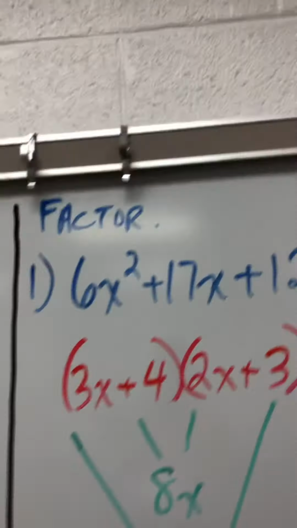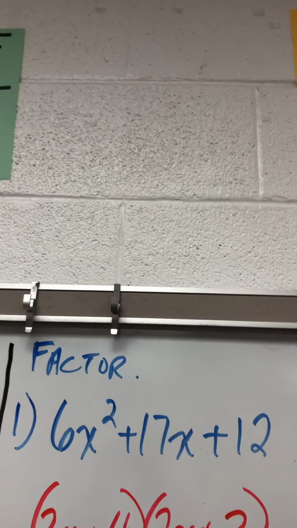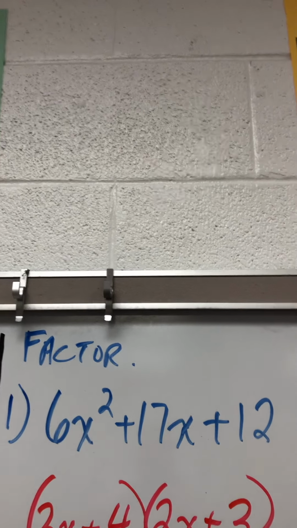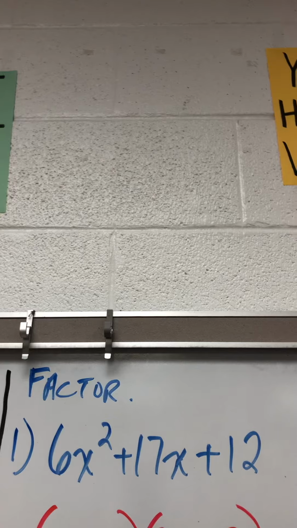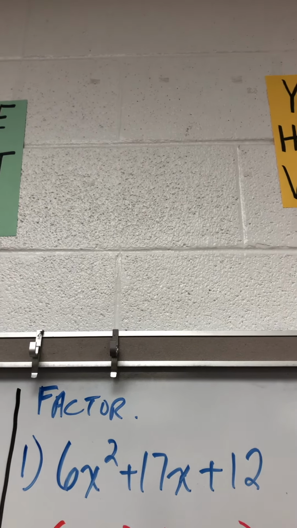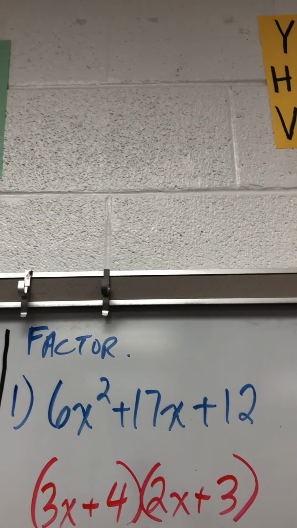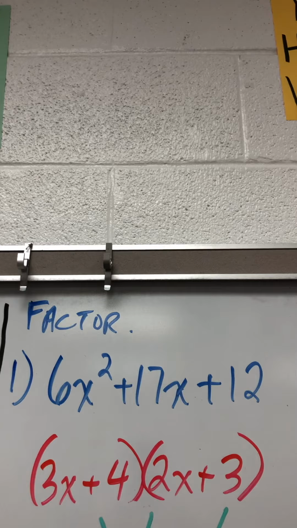Well, today we're going to do problems where we have a number before the x squared. That's 6 right there before x squared. So what we're going to do is say, okay, what times what makes 6? Well, I'm going to say 3 times 2. And what times what makes 12? We're going to say 4 times 3.